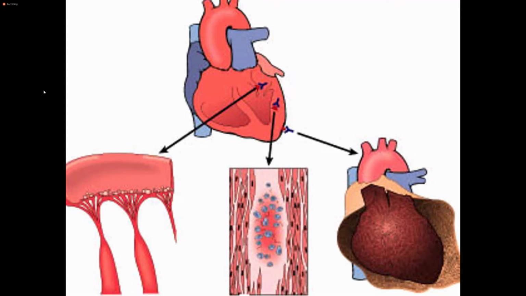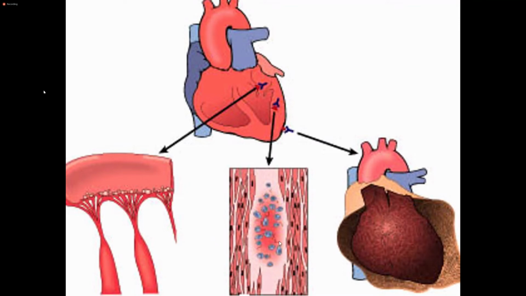In this image, it is showing you the pancarditis, meaning all three layers of the wall of the heart: the endocardium, the myocardium, and the pericardium. The involvement of the endocardium is in the form of vegetations along the line of closure of the leaflets.